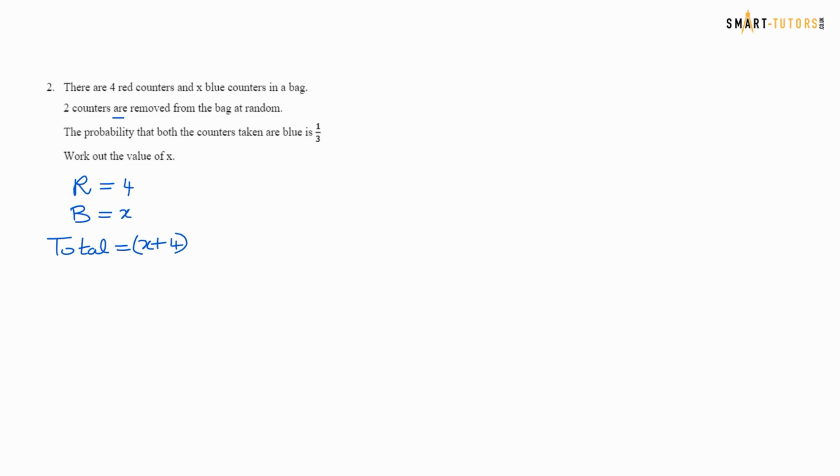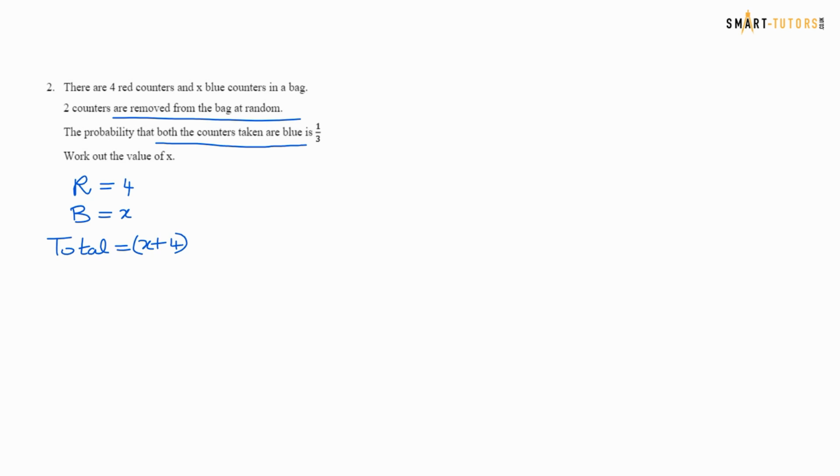2 counters are removed from the bag and the probability that both counters are blue is 1 upon 3. So 2 counters are removed from the bag means a conditional probability. That means it is not being replaced, right? They take a counter, it is not replaced, and they continue to take the second counter.